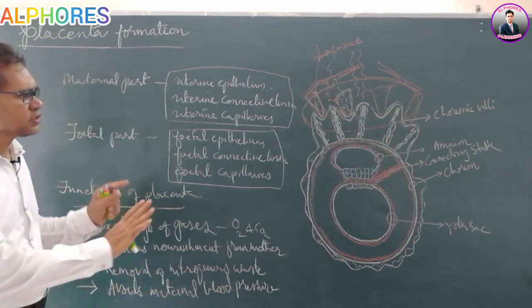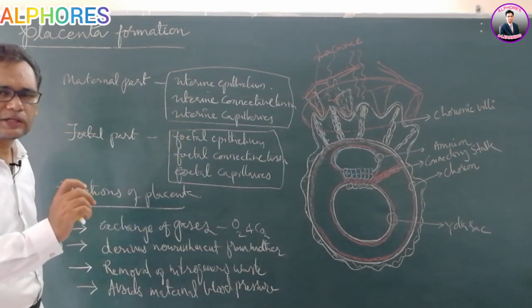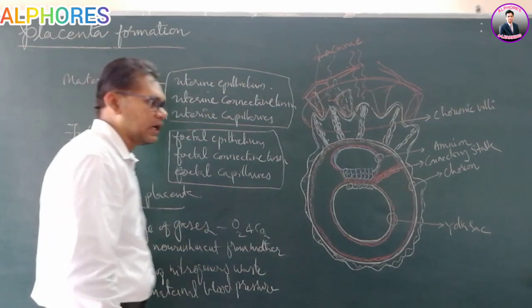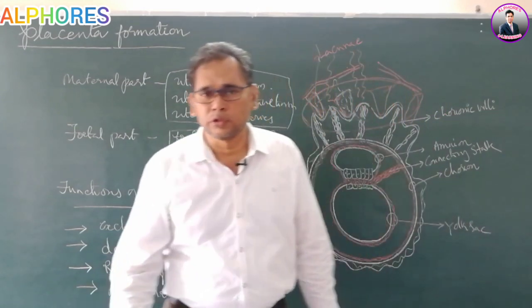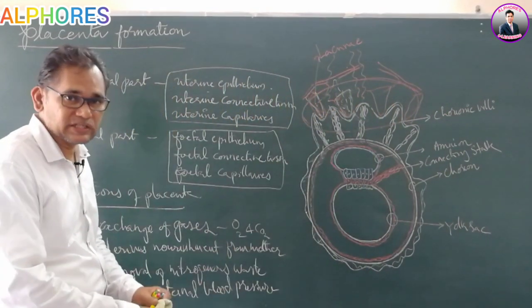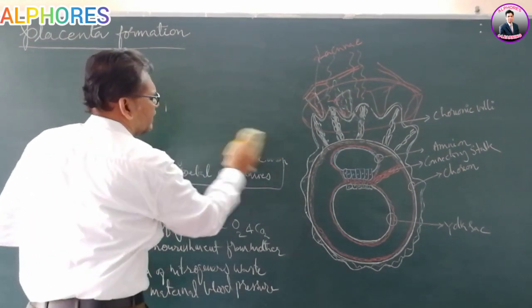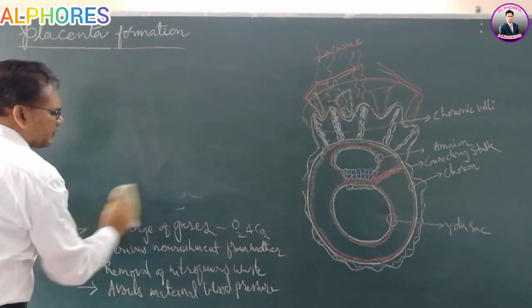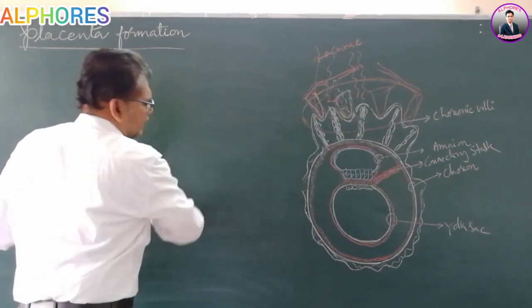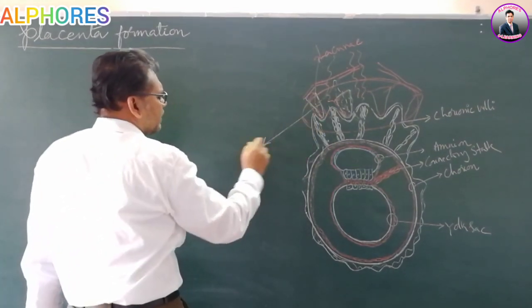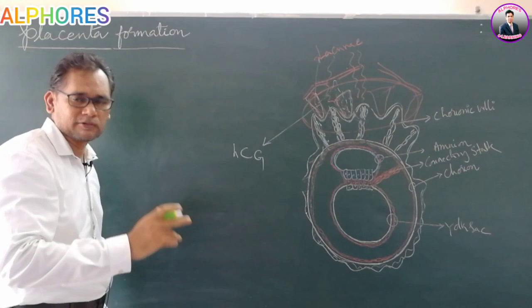Okay. Now, soon after the attachment with the uterine endometrium, the placenta releases a hormone. What is that hormone which is released soon after the formation of the placenta? Now, when the attachment takes place, this placenta releases HCG, this is human chorionic gonadotrophin.